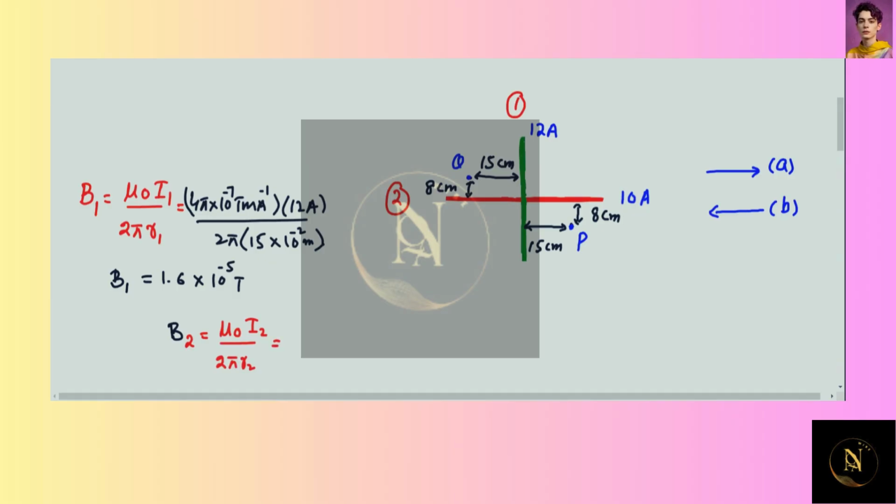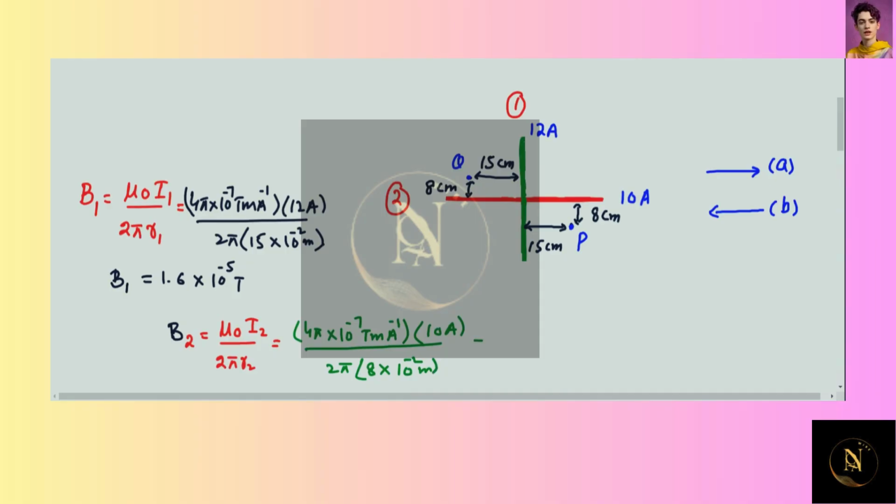Again putting the values here, mu naught is 4 pi times 10 to the power minus 7 Tesla meter per ampere, times current through the second wire, which is 10 ampere, divided by 2 pi times the distance of point P and point Q from the second wire, which is 8 centimeter, that is 8 times 10 to the power minus 2 meter.